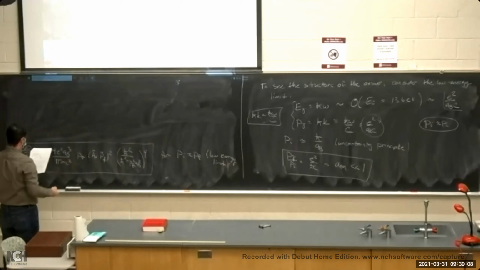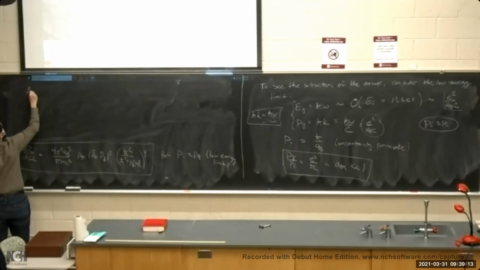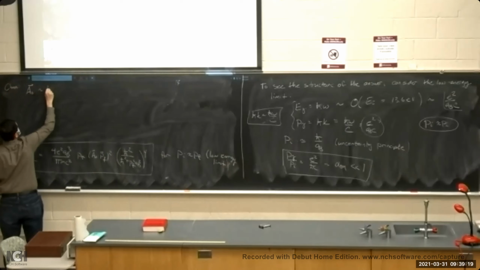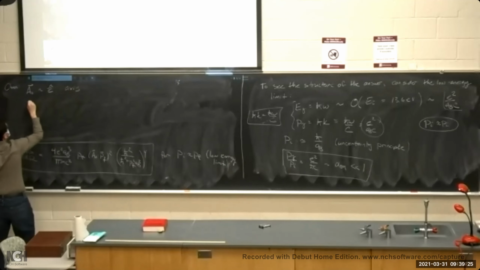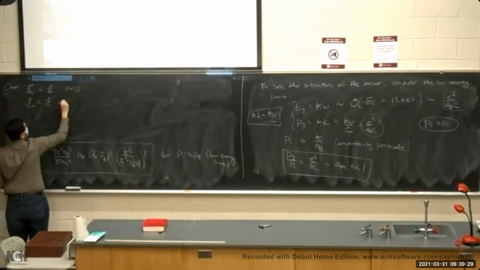If the direction of A naught is, let's say, along the z-axis, this, of course, means that the electric field is also along the z-axis.